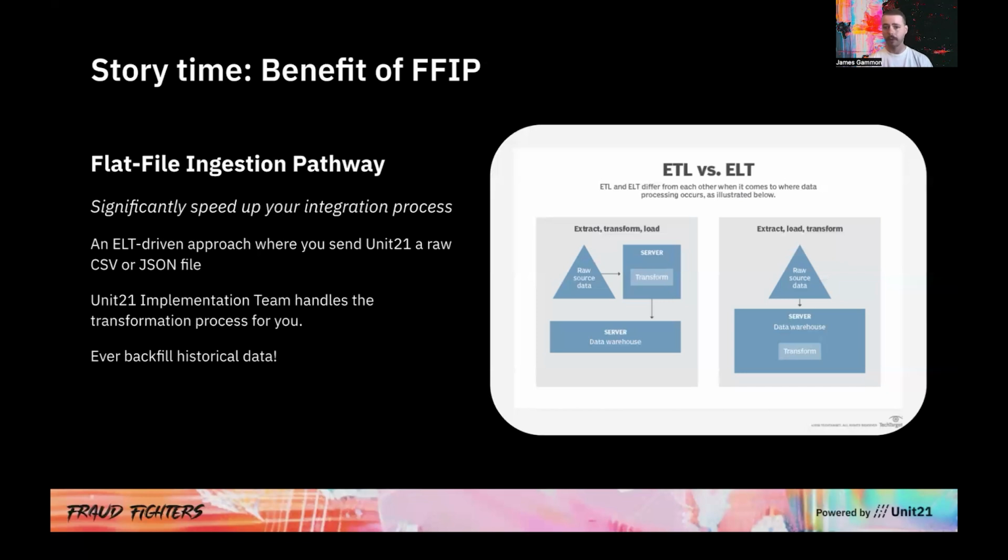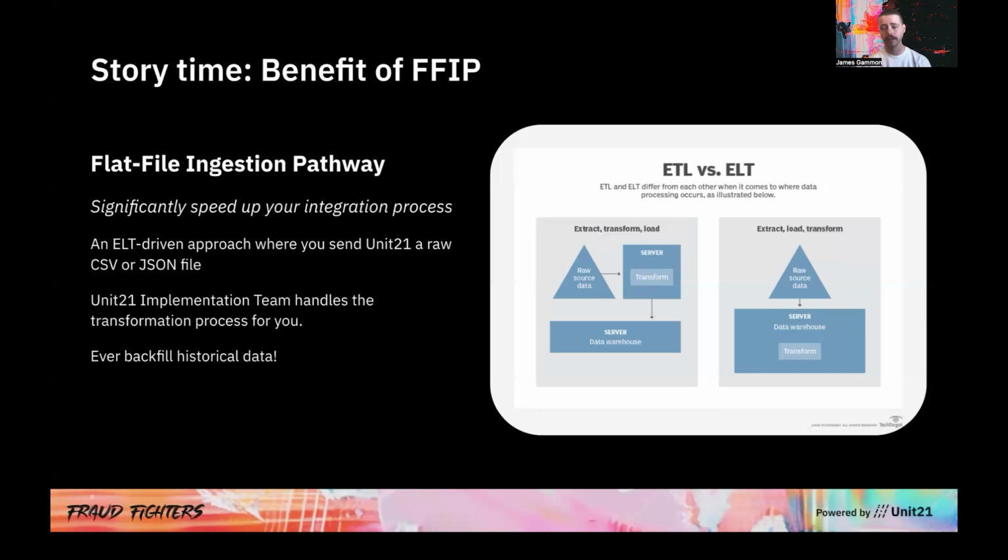So not only do we utilize FFIP for both enrichment and primary ingestion, but it also works great for historical backfills, right? So overall, the idea here is that Unit21 will help you get your data in more efficiently, and we will always have that open channel of communication.